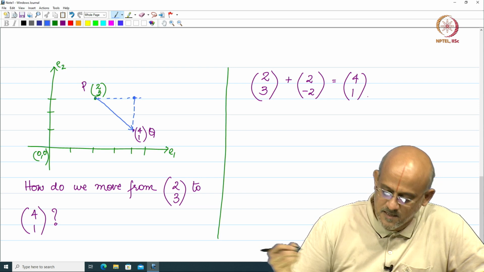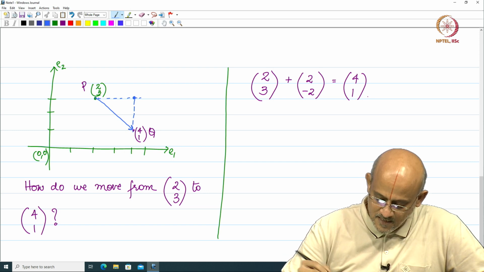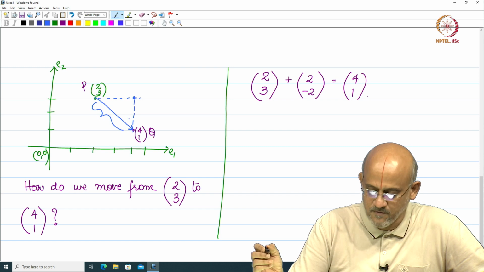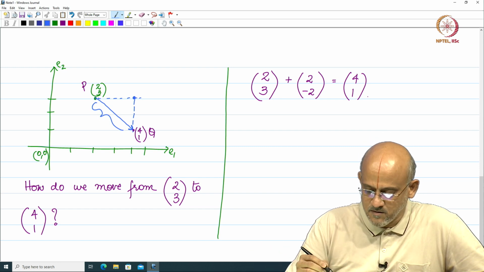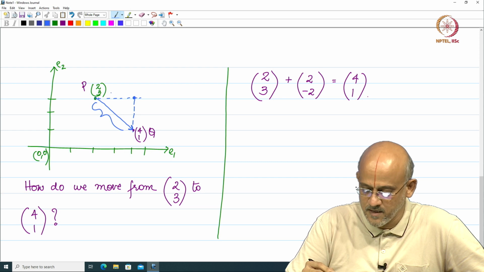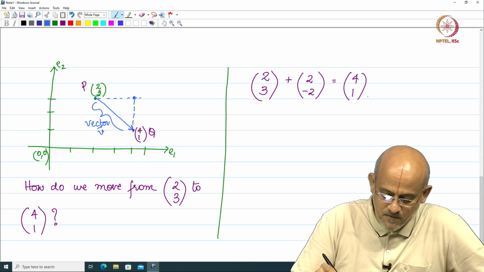This is the path that I follow, and that path is given by this direction. That quantity, which tells you the direction along which you have to move to go from (2, 3) to (4, 1), is what we call a vector. We will call this vector V.